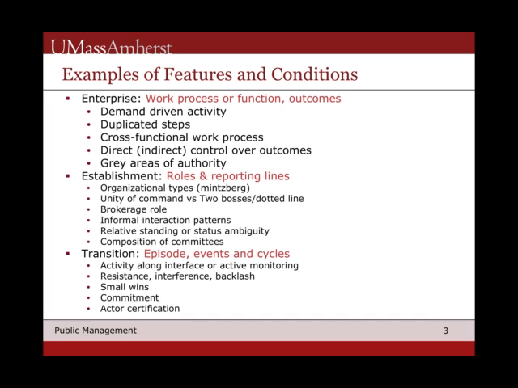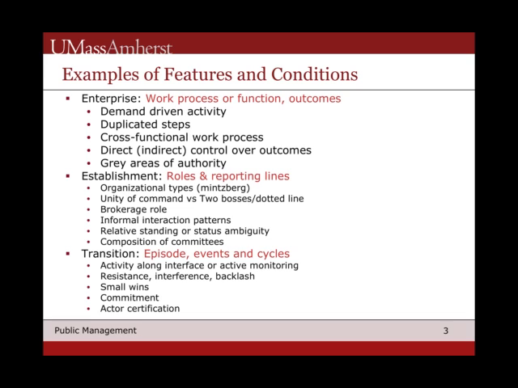We talked a lot about resistance, interference, and backlash, which are basically events that occur within a process, so they're process features, but also they can be a shorthand for mechanisms that exist within a transition.